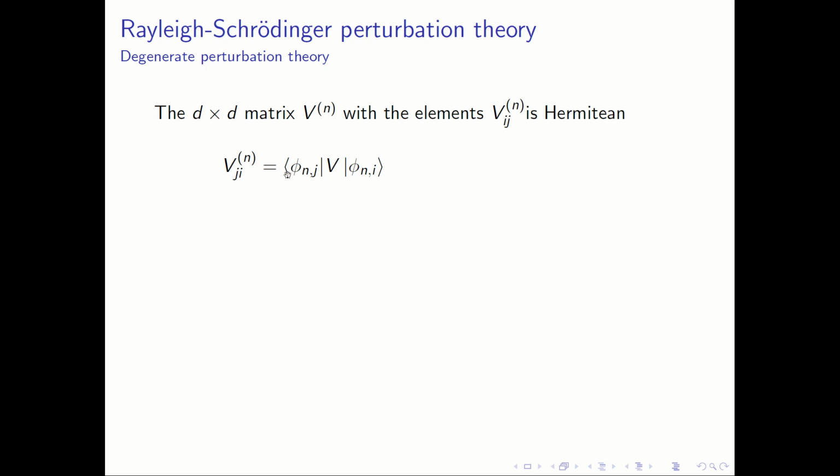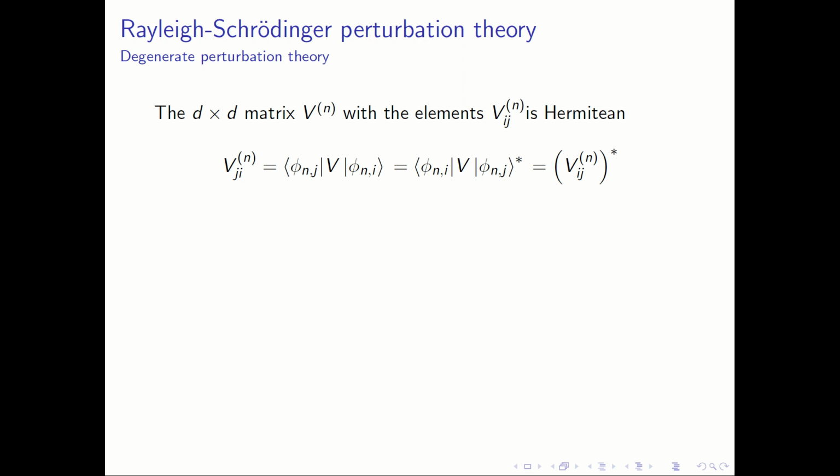So, what is the jith element? It is nothing but phi nj sitting on the left as a bra and phi ni sitting on the right as a ket of V. But this, of course, is a conjugate. If you swapped the bra and the ket, at the same time you would have to replace V by V dagger, but V being Hermitian, that does not change. And then this is nothing but Vijn's conjugate.